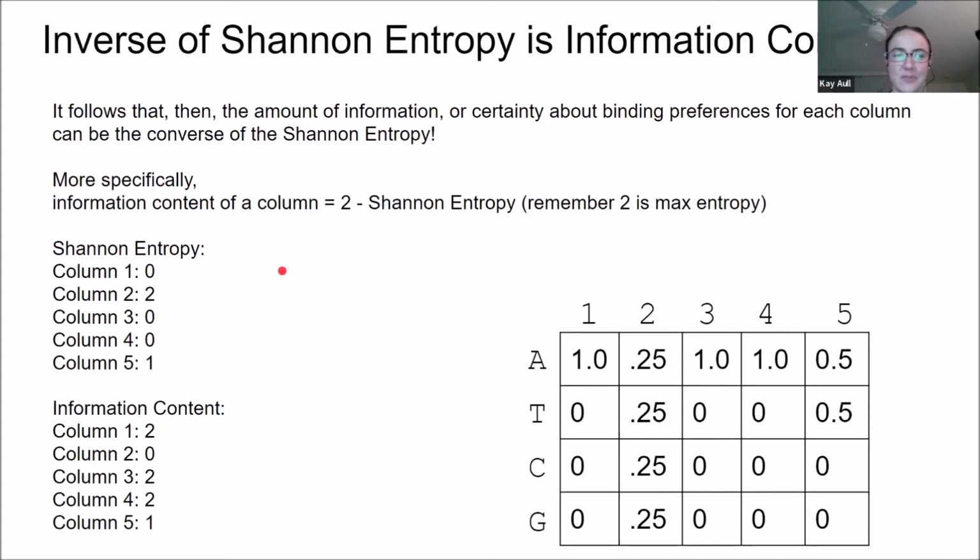And so in order to convert this into information content, that's all you're doing. That's 2 minus your observed entropy. And so in this first column, where your entropy is 0, there are no surprises. Your information content is the maximum available, you get 2. And in the second column, where there's no information, you have maximum entropy.